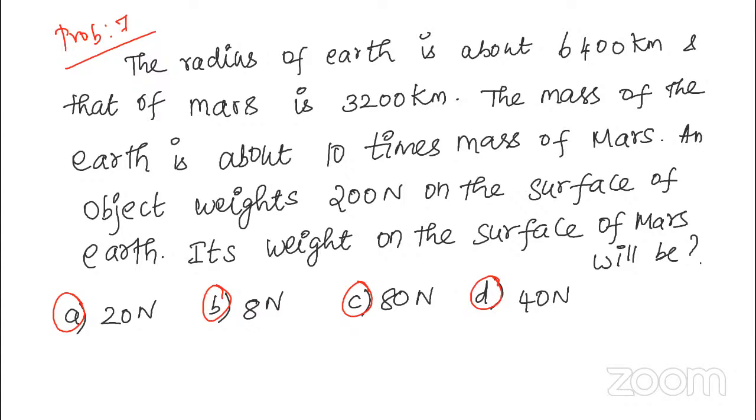Mass comes in kilometer? How does mass come in kilometer? You have to go to the first class, in the first video you can go and check it. Mass value is denoted in kg.